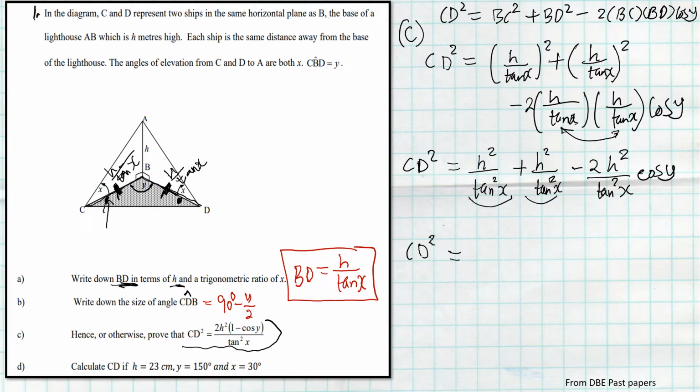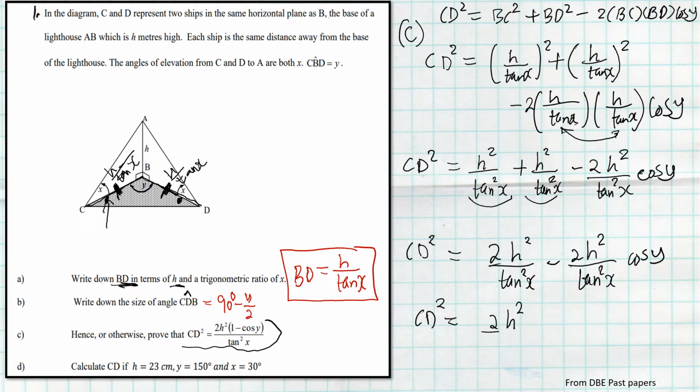This one and this one will give us 2h squared over tan squared x, because there are two of them, minus 2h squared over tan squared x cos y, right? Can you see now that we have a common factor of 2h squared over tan squared x?